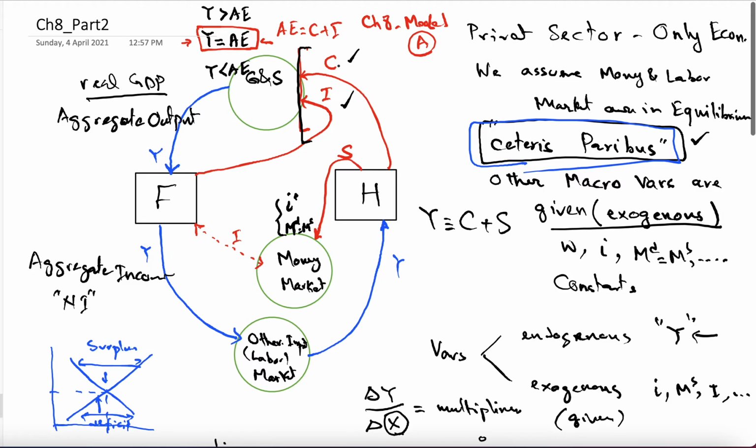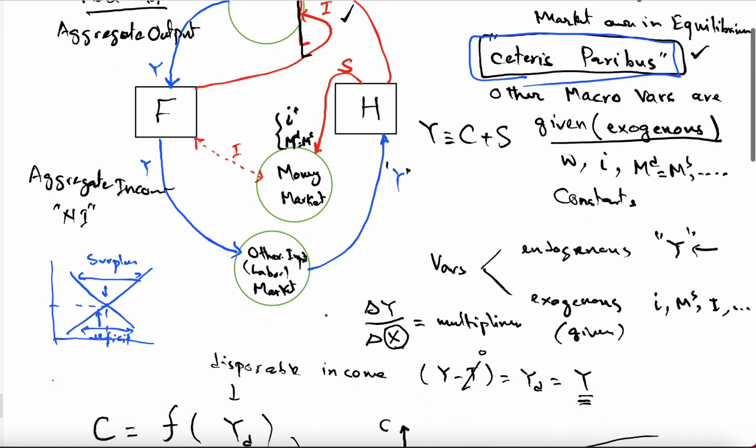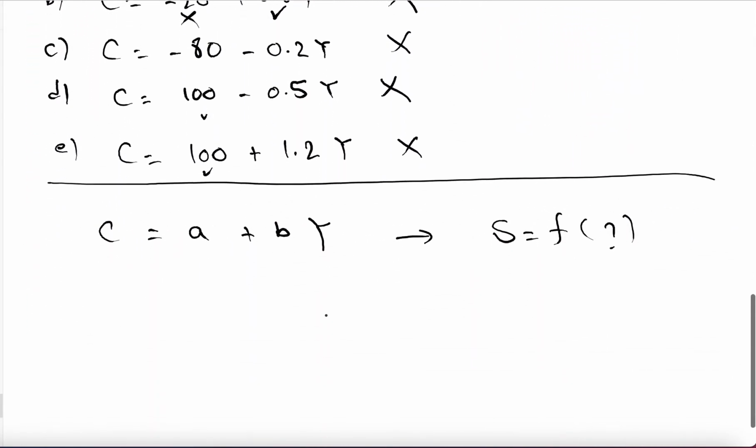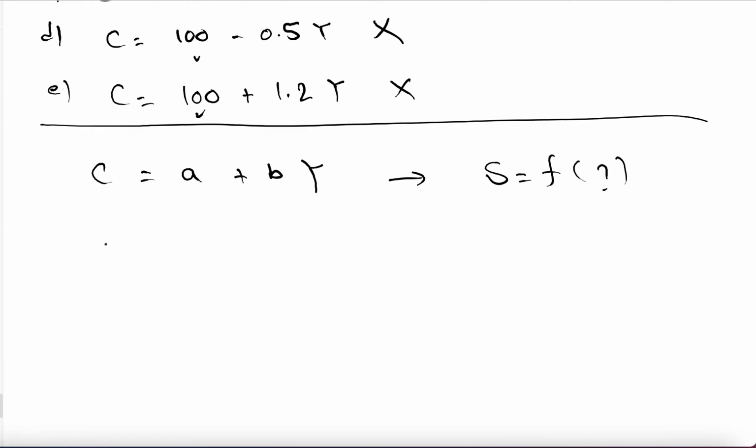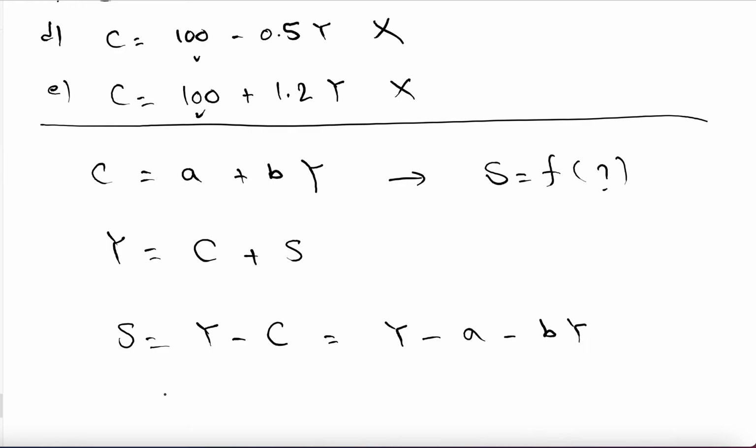So if you know the consumption function, you can determine the saving function based on the same independent variable, which here is Y. Y can change without us deciding. So we put Y equal to either consumed or saved. The saving is going to be Y minus C, so Y minus A minus BY. Then you sort it out. It becomes minus A plus (1 minus B) Y.